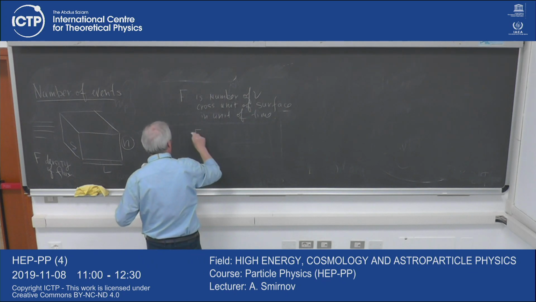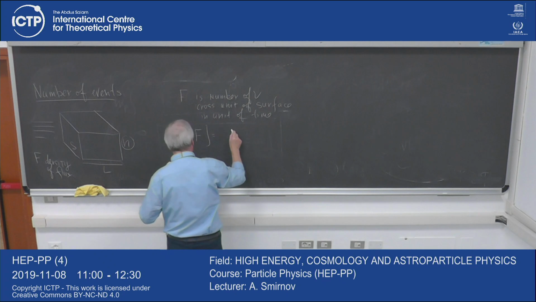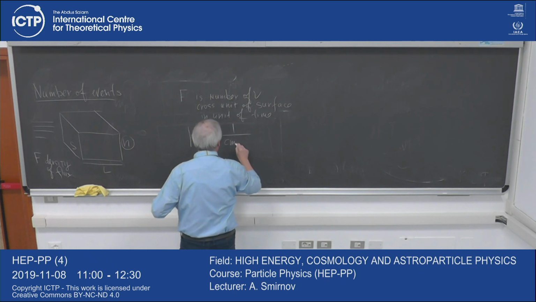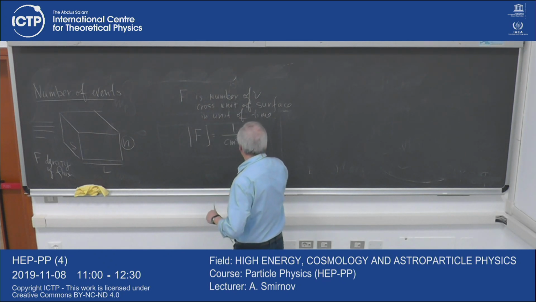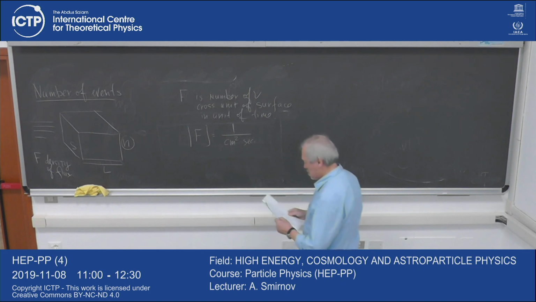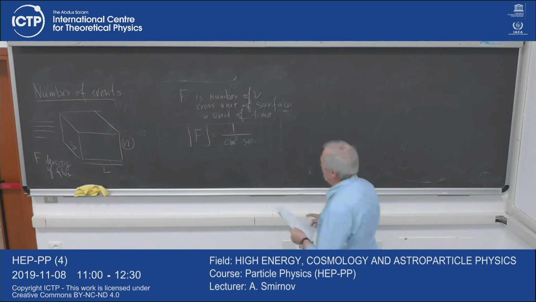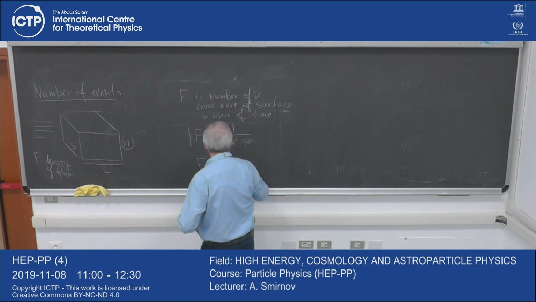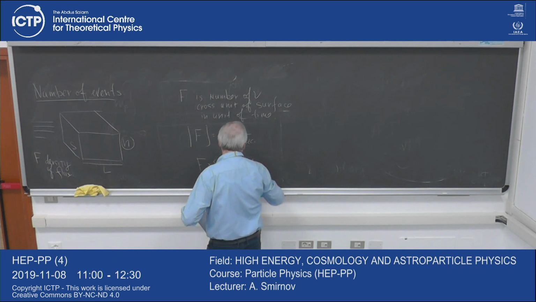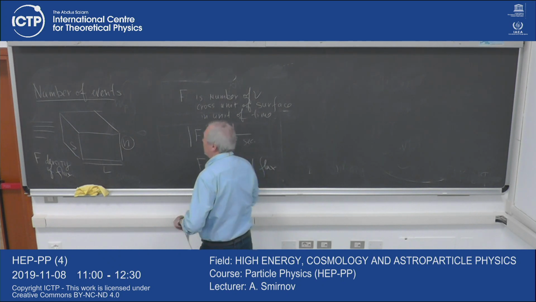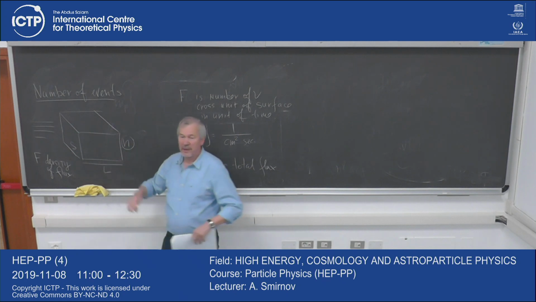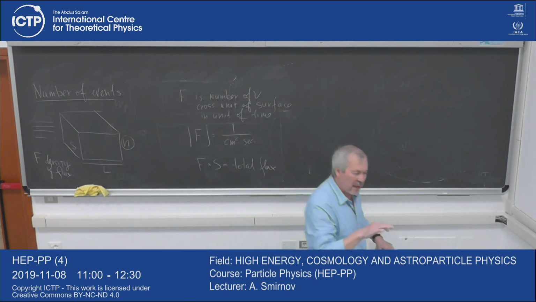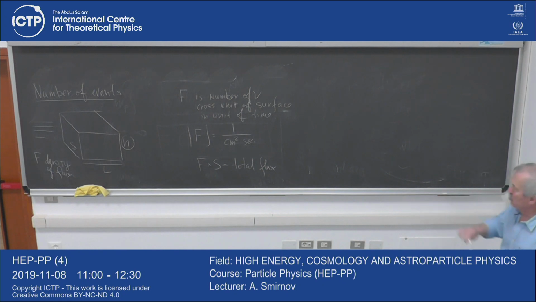So the dimension of F is centimeter squared in the denominator, second. F times S gives us the total flux, if the flux is uniform, otherwise you need to make an integration. So if the flux is uniform, that produces the total flux of neutrinos which enter the detector.